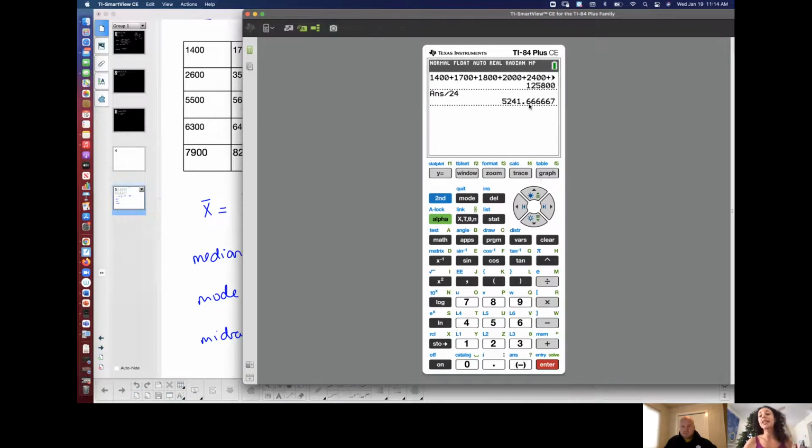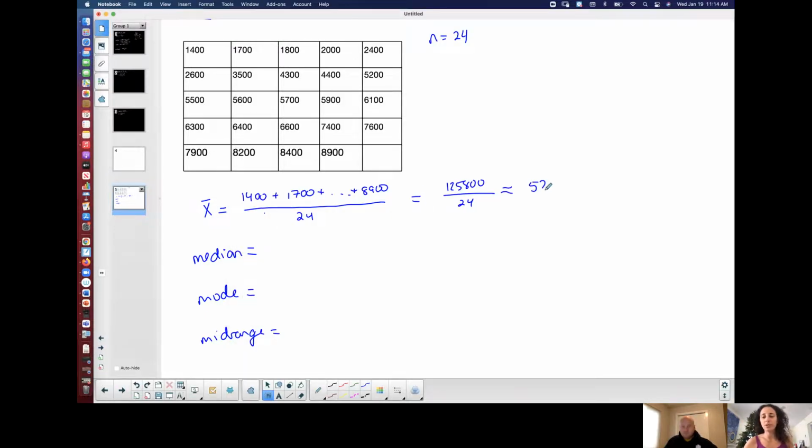If this is 5 or more, then this goes up. If this is not 5 or more, then this stays the same. So 5241.7 would be my sample mean for this data set. Make sure you got the same thing.